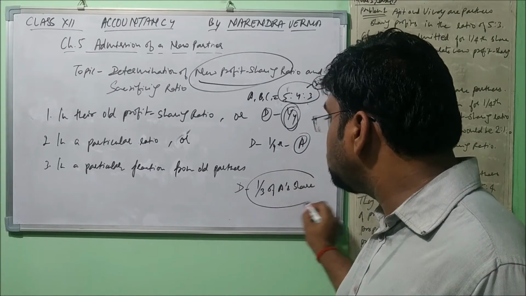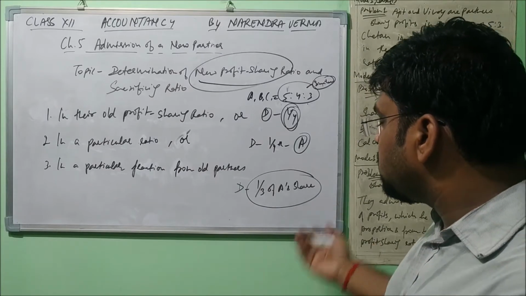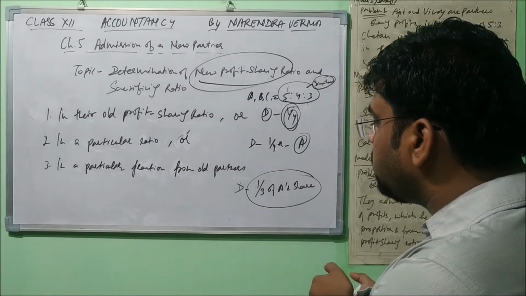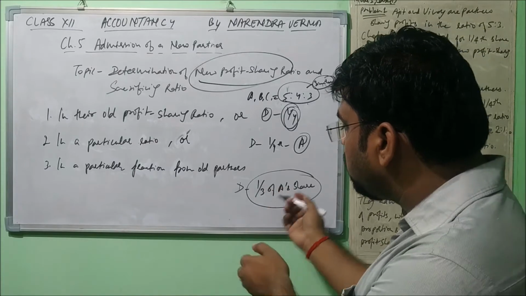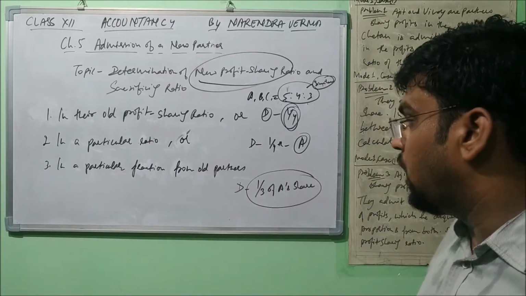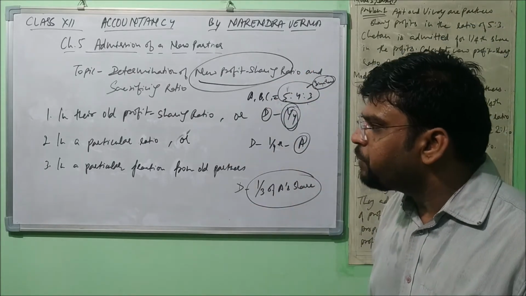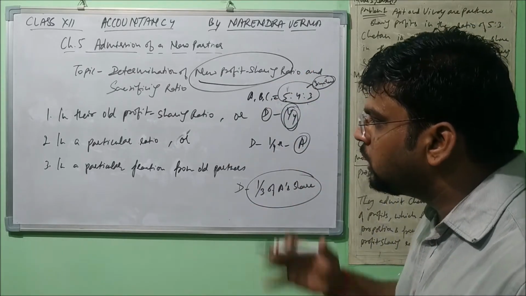So that is the particular fraction from the old partner. Say the old partner earlier is getting 50 rupees, so 1/3 of 50 rupees will be going to D. That will have to be calculated. So there is a difference among these. We'll talk about them when we do the numerical question.